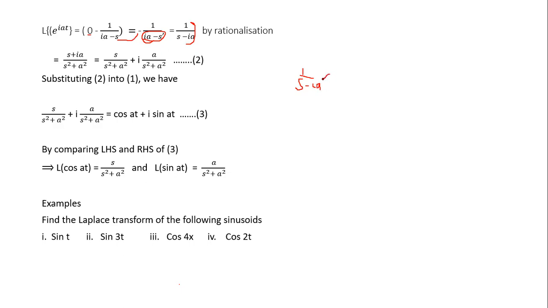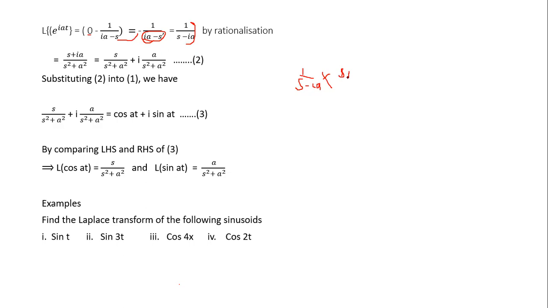We are multiplying both top and bottom by the conjugate of the denominator, which is s plus ia, because the sign changes: negative becomes positive, positive becomes negative.